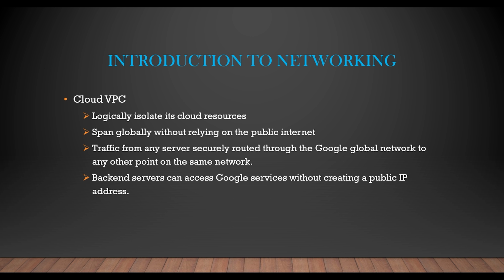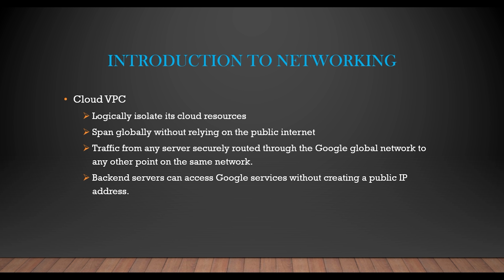When an organization moves into a public cloud, what actually happens is that it will share the infrastructure with other customers of that public cloud. In this case, even though different enterprises use the same infrastructure, they can logically isolate their resources by creating a virtual private cloud or VPC.